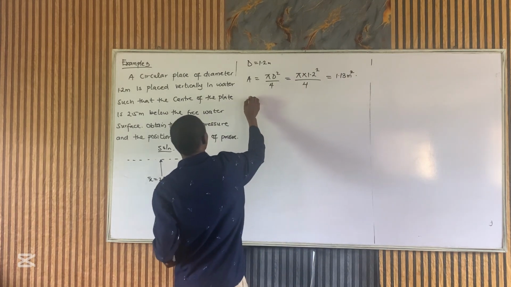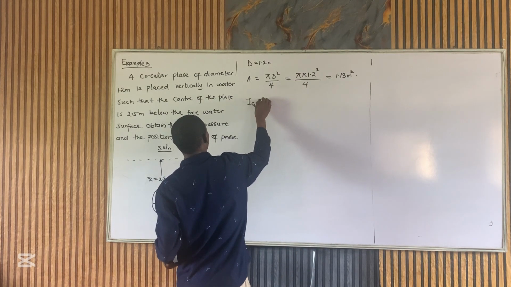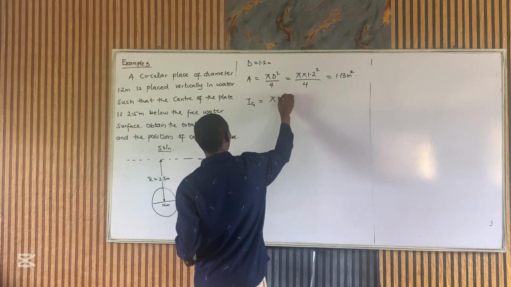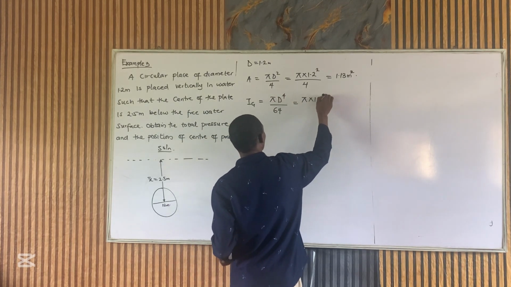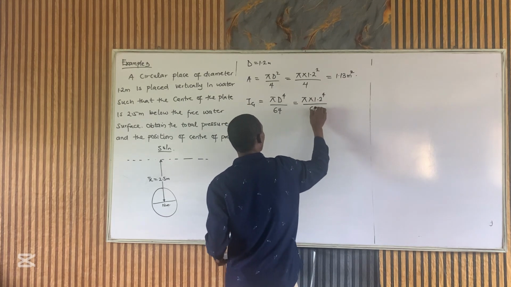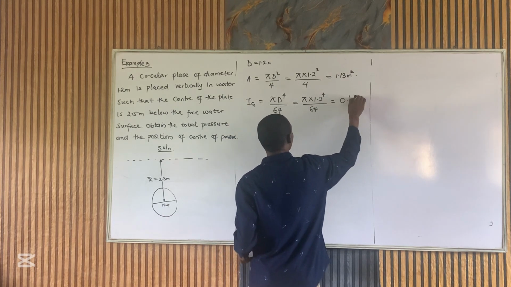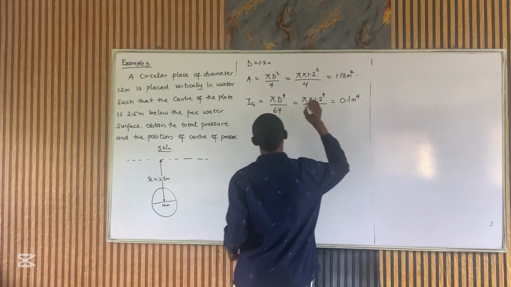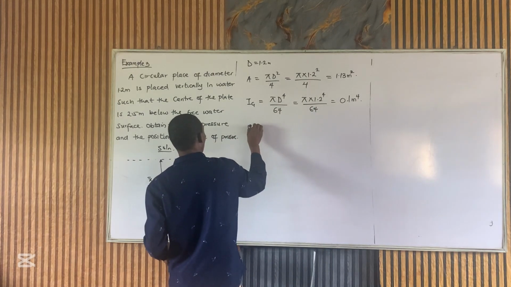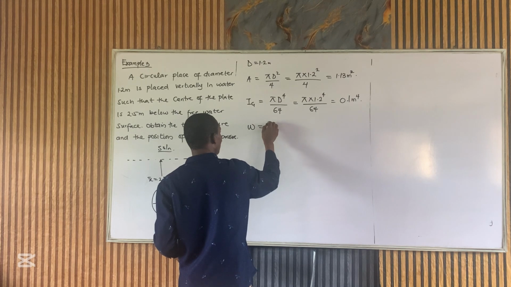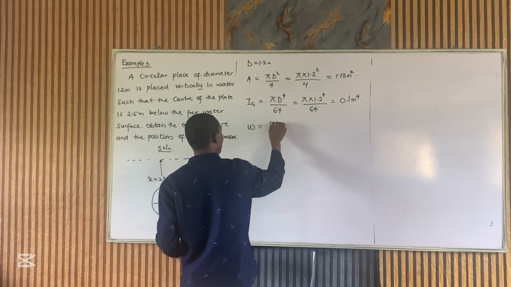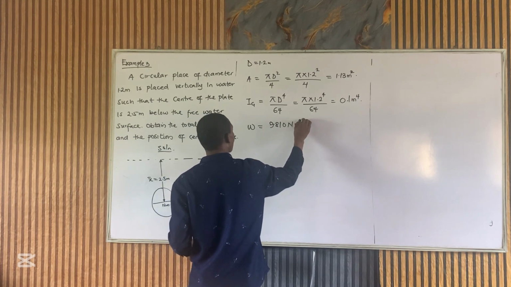We're also given that the moment of inertia is pi d raised to power 4 over 64, so this will be pi times 1.2 raised to power 4 divided by 64. This is 0.1 meter raised to power 4. Again, we know that omega, the specific weight of water, is constant, which is 9810 Newton per meter cubed.